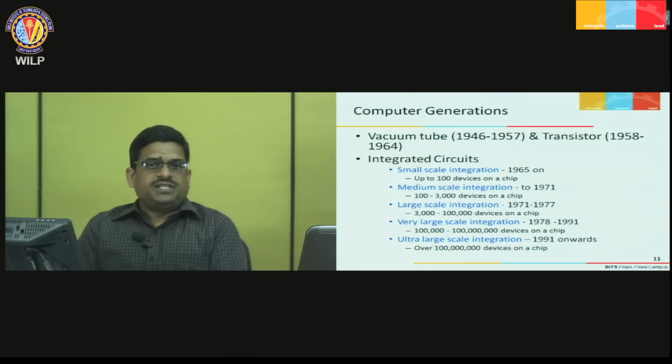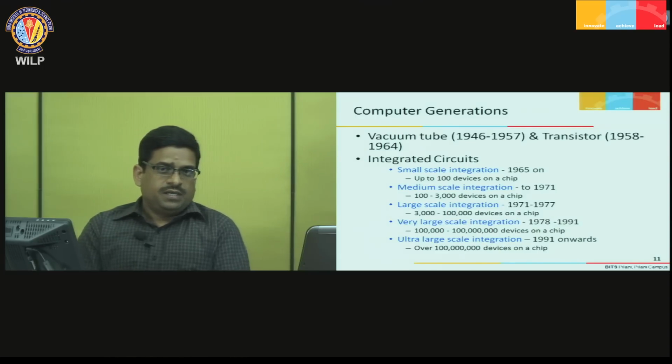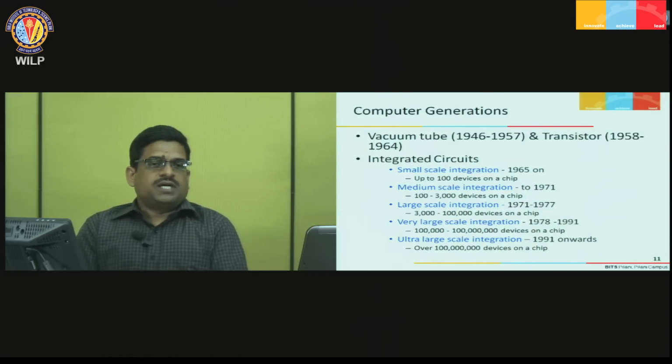Vacuum tube size is larger, and there are power and other constraints, so everything could not be put on a single chip. From the development of integrated circuit technology evolved the concept of the microprocessor. A microprocessor is nothing but all the CPU components put on a single chip, and that chip is called a microprocessor.